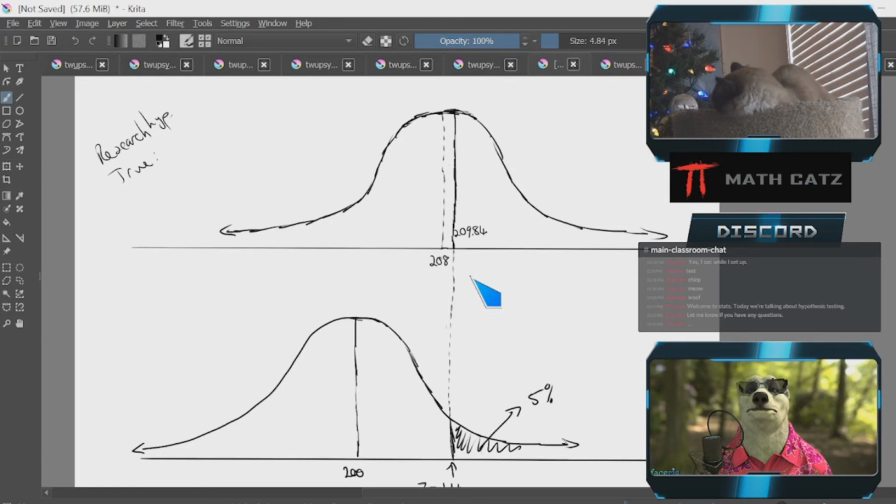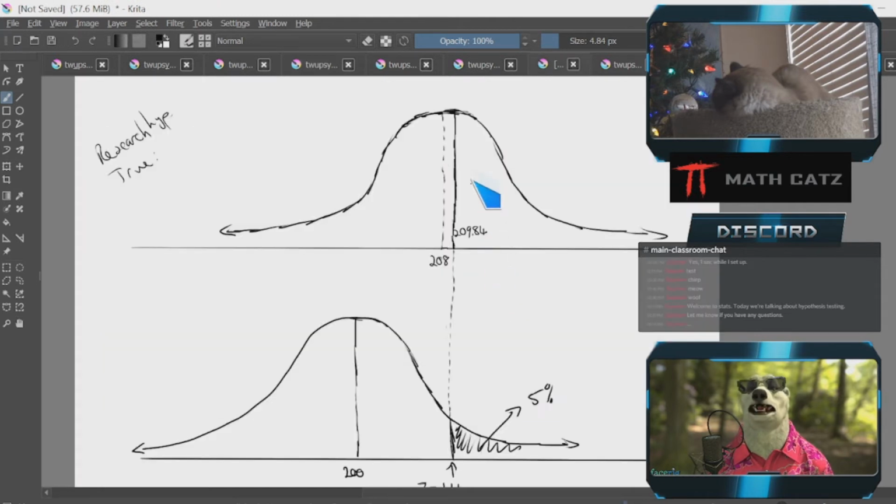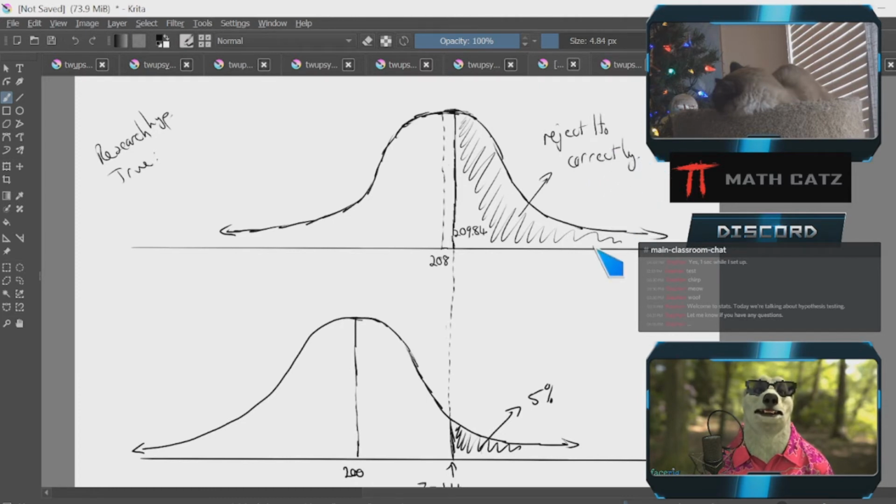Now let's go back here and remember that if I reject the null hypothesis, that is the correct decision. What is the probability of me doing that? Well, I'm going to reject it whenever I get anything past 209.84. So this will be reject the null hypothesis, and that'll be done correctly.